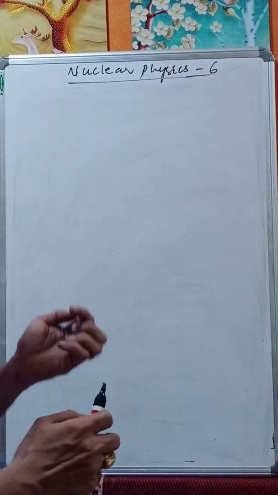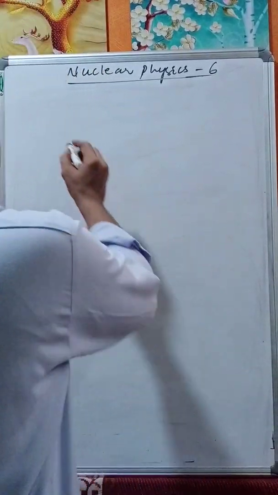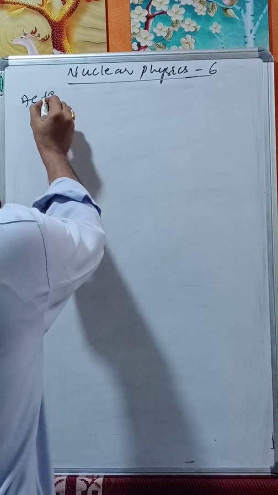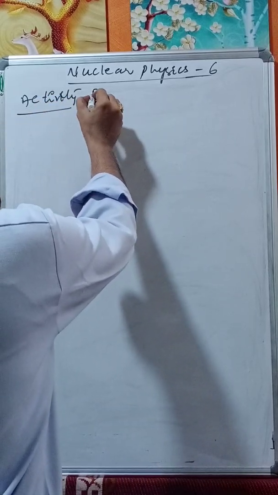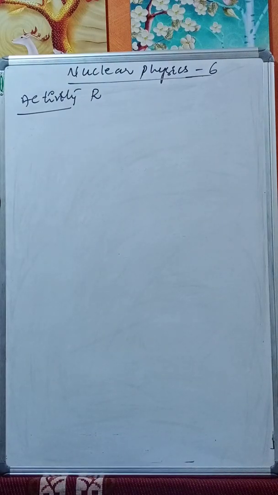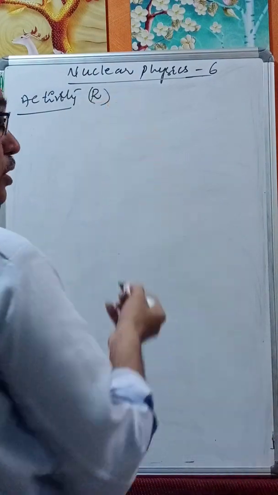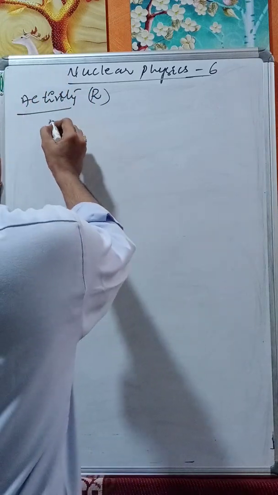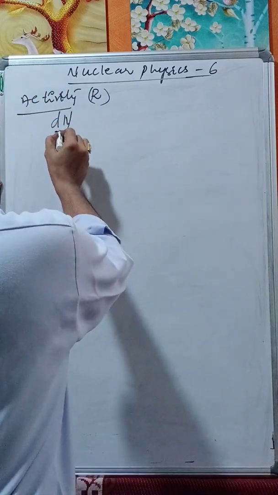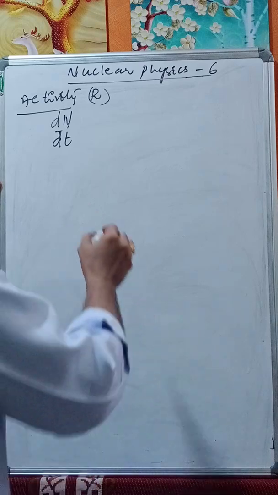Now in class 5 you have seen decay law or exponential law. Now let us see what is activity. Activity R is nothing but the magnitude of the decay rate, the number of nuclei disintegrated per second.